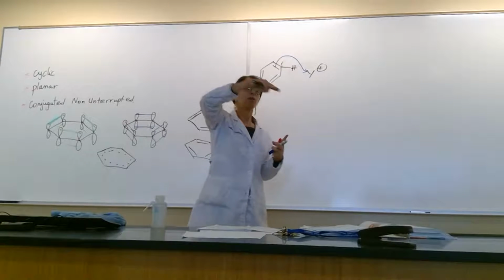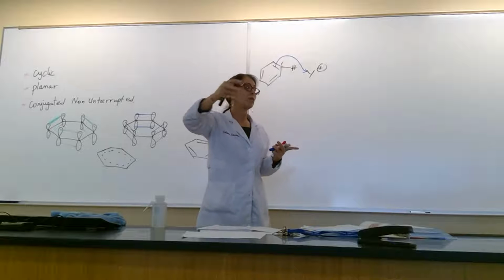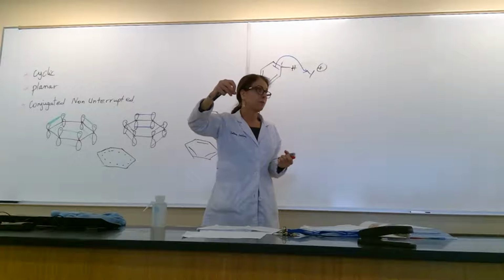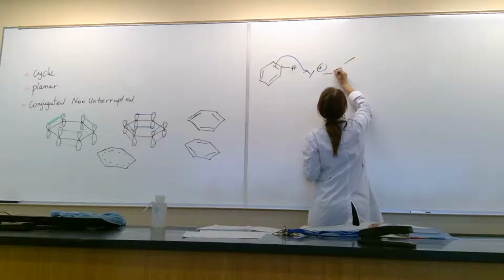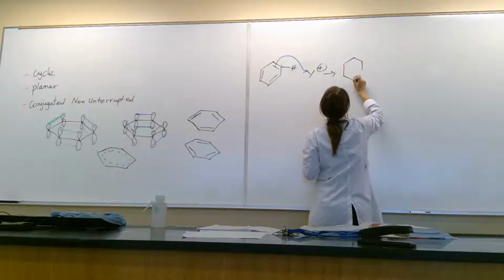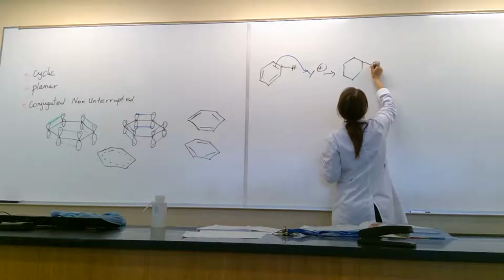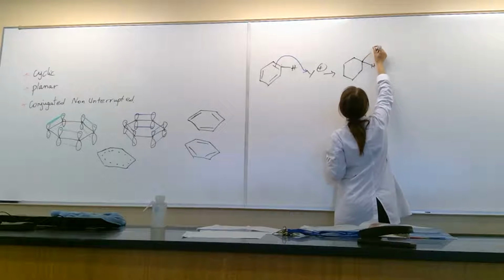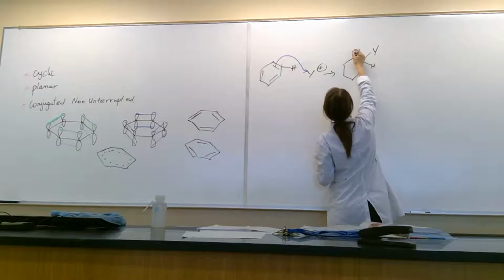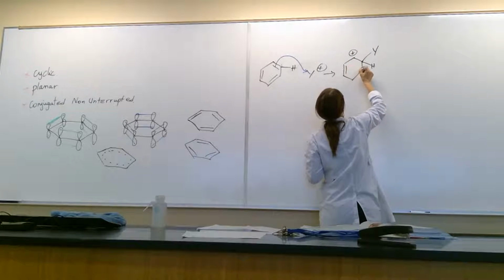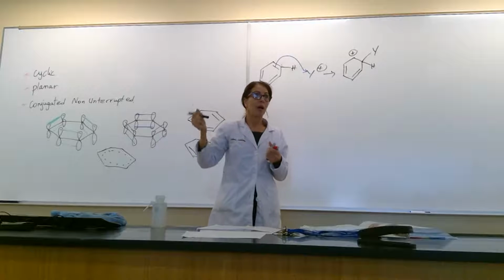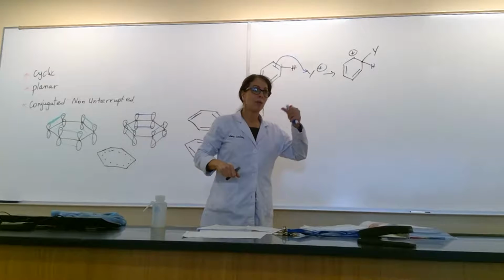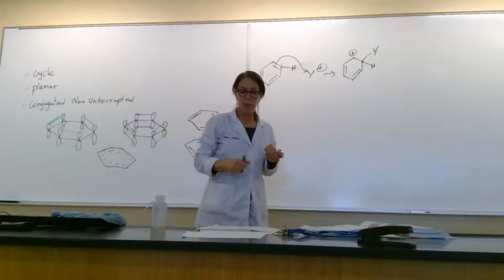Because the electrons are on the surface, so that electrophile might grab the electron. Okay? So you end up with this. You have now H and Y. Now this one is now positive. Are you seeing this? Once the Y docks onto the benzene ring, one of the carbons is now positive.